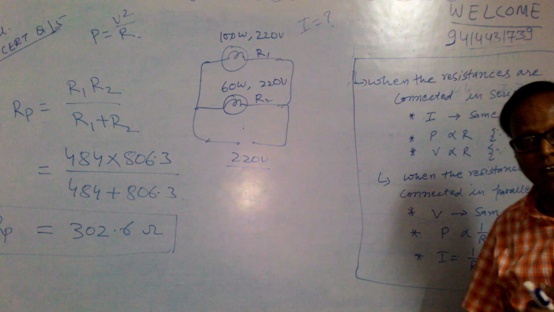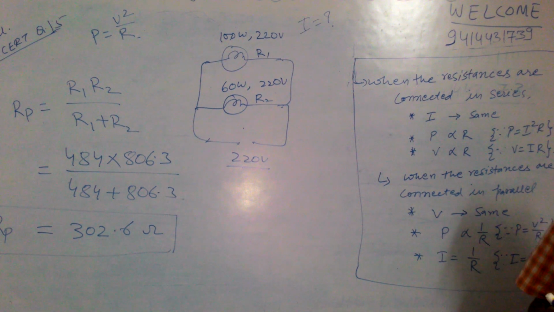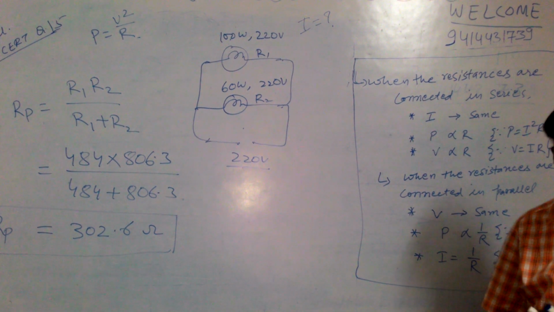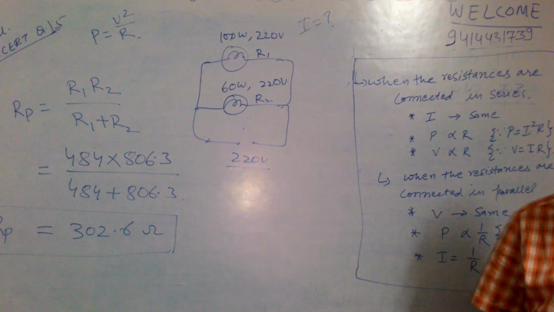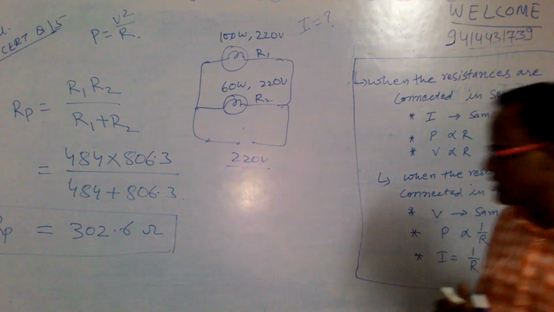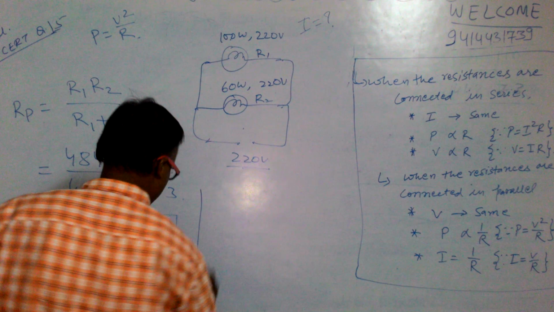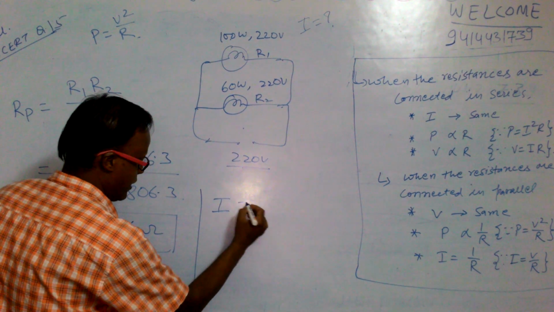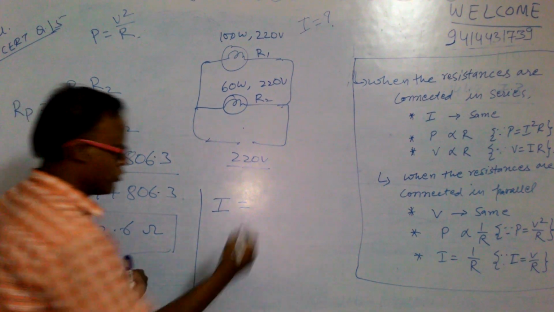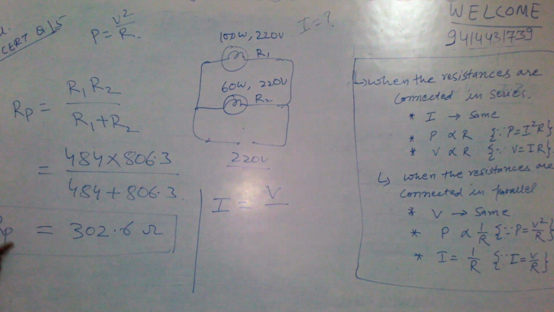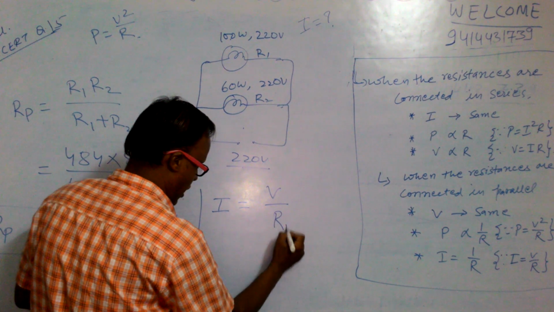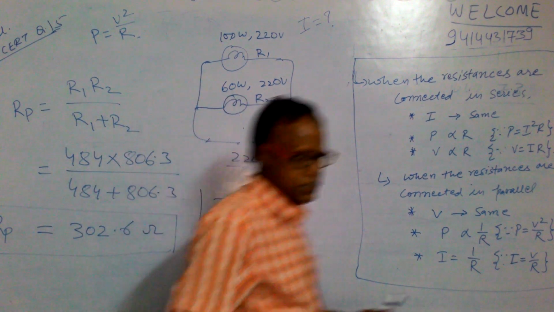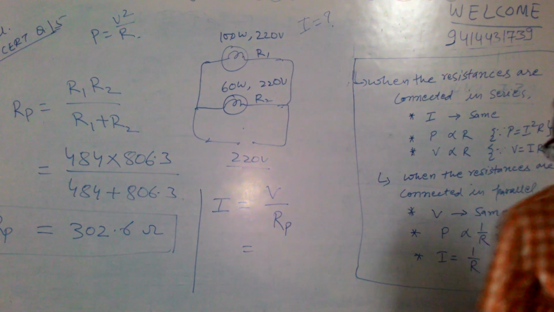The current drawn from the line is given by I is equal to V upon R. Here R is the effective resistance, which we assume is RP, so I is equal to V upon RP.